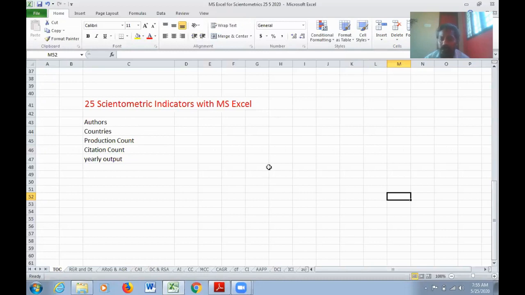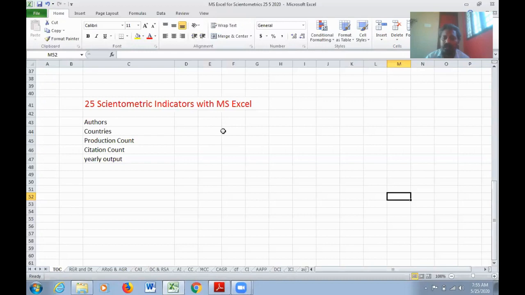Let's see how these things are calculated. In fact, I am not going to talk much about the theoretical aspects of these scientific indicators. They were devised by scientometricians or bibliometricians over a period of time. When one scientific indicator is found and published, people start researching it, make a small change here and there, and bring out a new indicator.